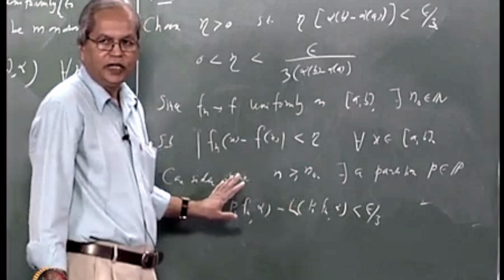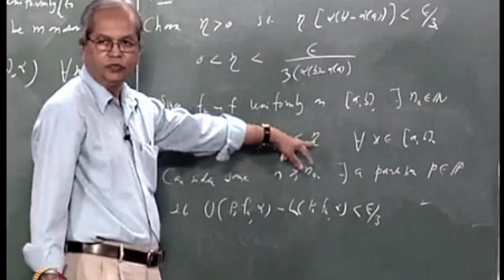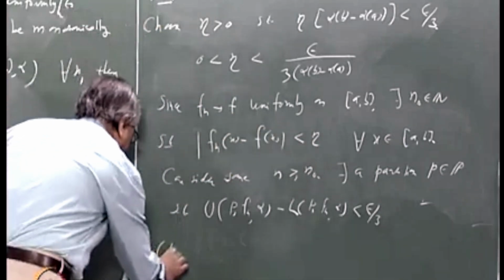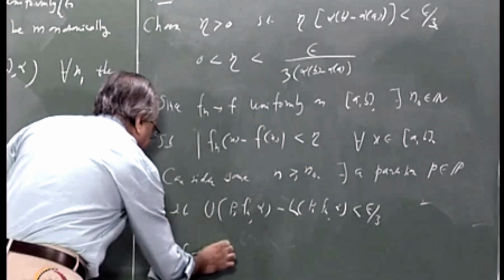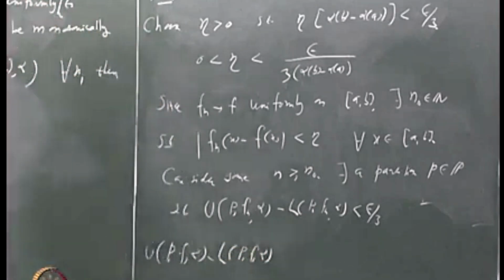And as I told you, the idea is that we shall use this, that mod fn x minus f x is less than eta for each x. We want to show that U(P, f, alpha) minus L(P, f, alpha) is small.